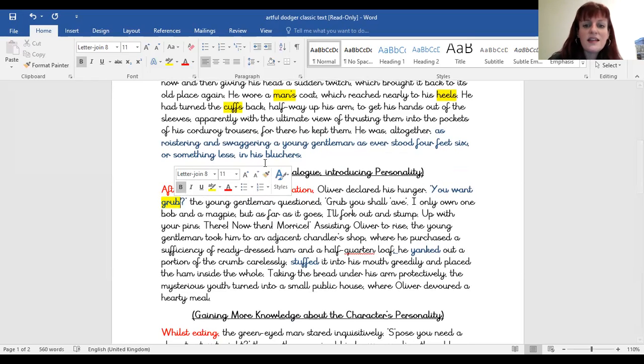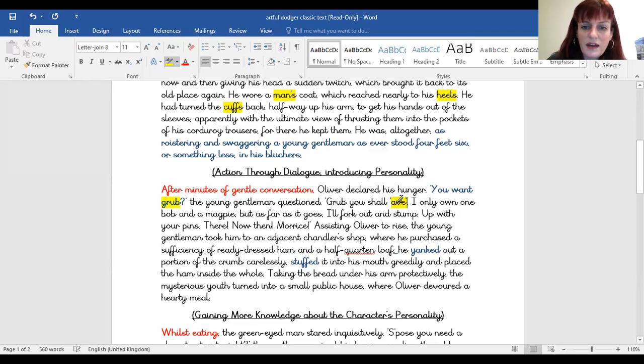The other thing that gives away that he has lived in London a long time is this grub you shall have. This idea of him dropping the H of have. He doesn't speak properly. He speaks in sort of like this all right, geezer kind of way, a bit like EastEnders, okay? And that tells us where he's from and the fact that he's not posh, okay?